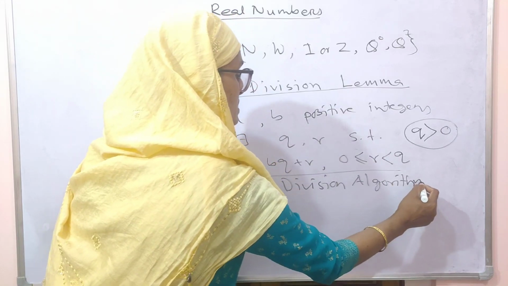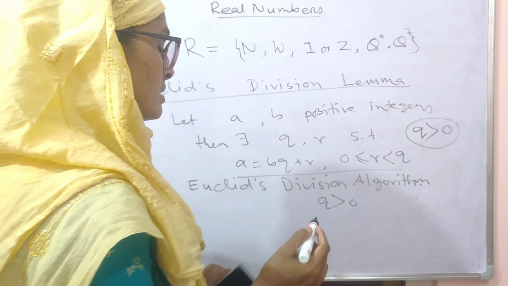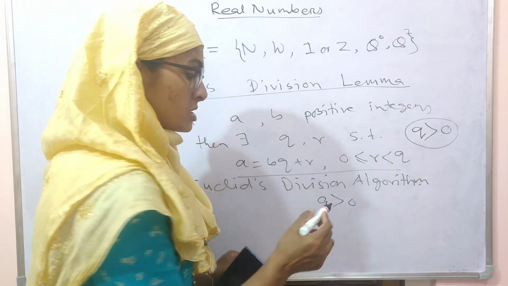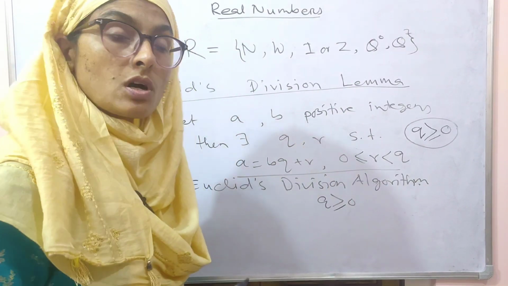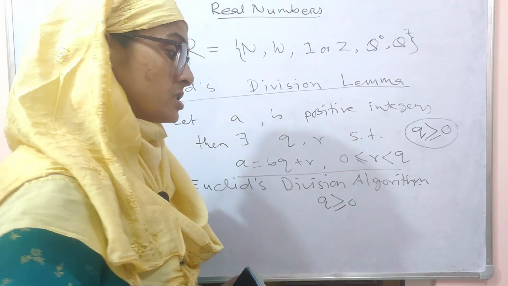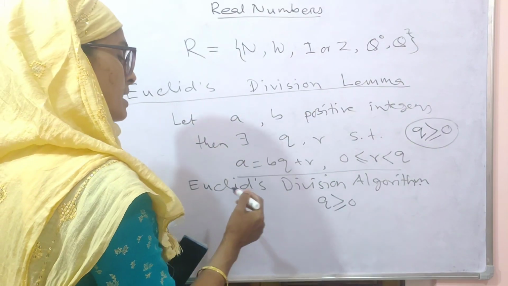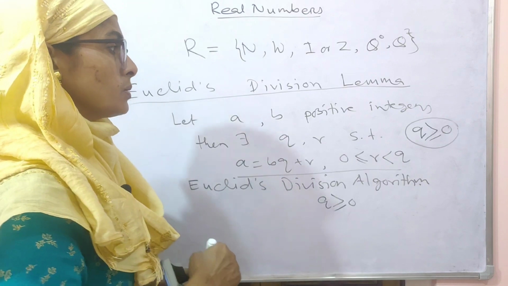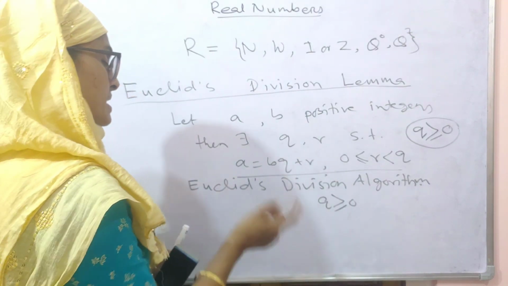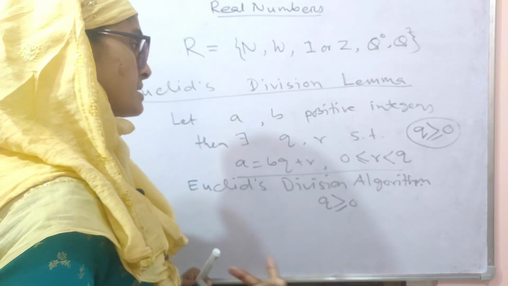For Euclid's division algorithm, here q is greater than 0, whereas in the lemma q is not only greater than 0, it may be 0 or greater than 0. So, this is the difference between Euclid's division lemma and Euclid's division algorithm. You have to find the HCF by using Euclid's division algorithm in your exercise.